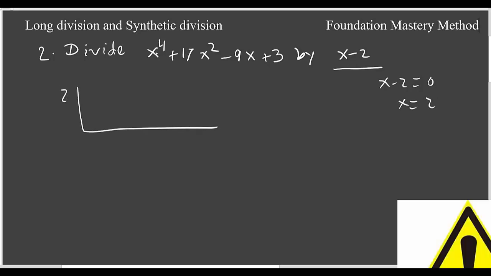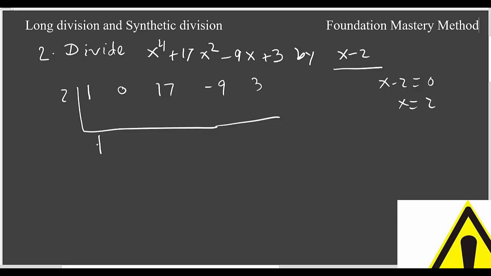These you plug here and then write down the coefficients, but be careful with any missing term, you have to put a 0 for that. X to the 4 has coefficient 1, the x to the 3 term is missing, so you put a 0. X squared has 17, x has negative 9, and then the constant term 3.